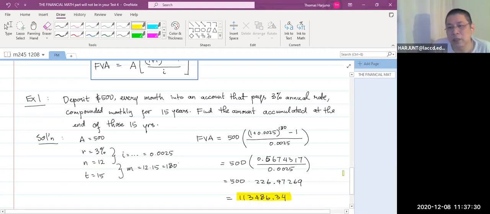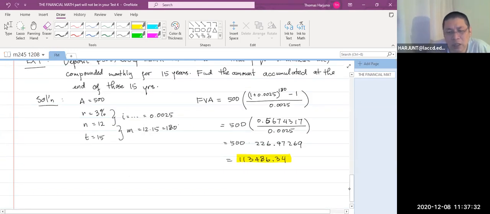You can say this way. Instead, you just need 30,000, right? Remember, I said you just need 30,000. So even if you change this $500 into $250 only per month, but you need to do it every month for 15 years though, you still get half of this, which is $56,000 something, which is still more than the 30,000.